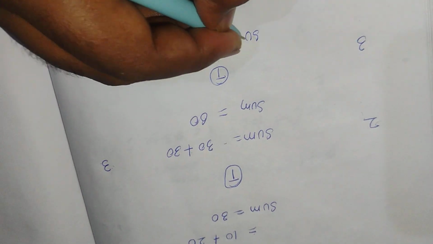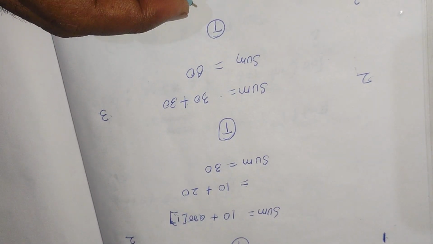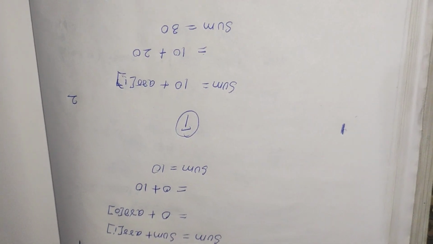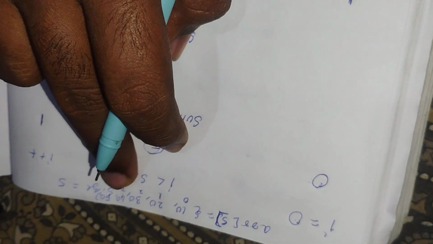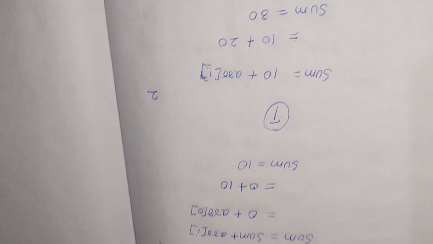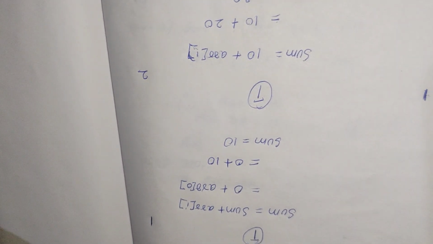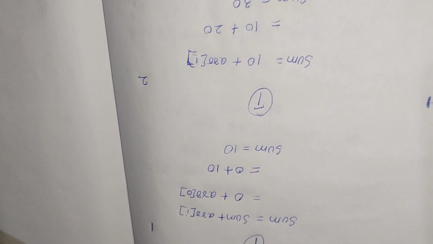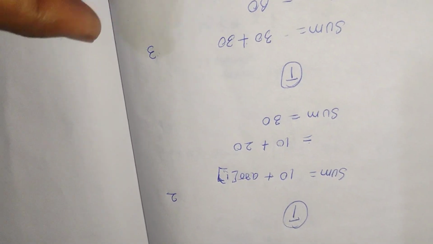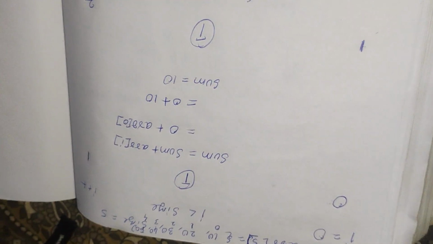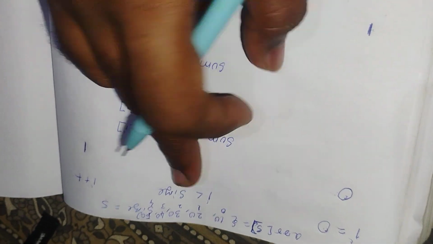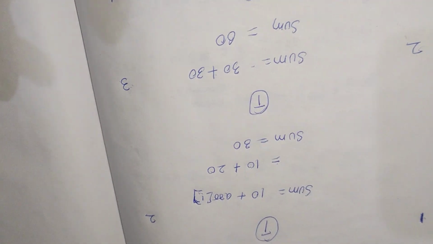Same as before, sum is equal to the updated value plus the index value. What is the value represented? 40. So what is the value? 40 plus 40? 80. Now the i value is going to be incremented to 4, and this value is going to check the condition. 4 is less than 5 or not? True.